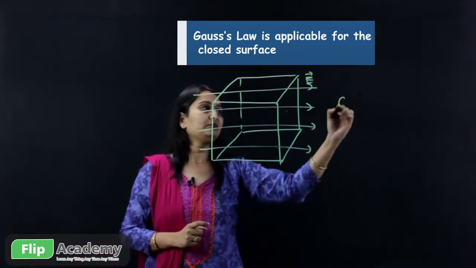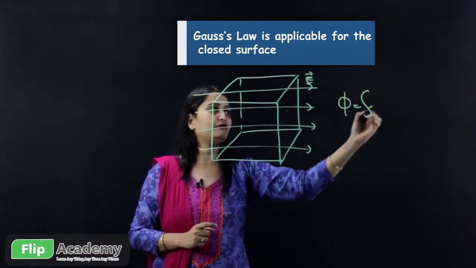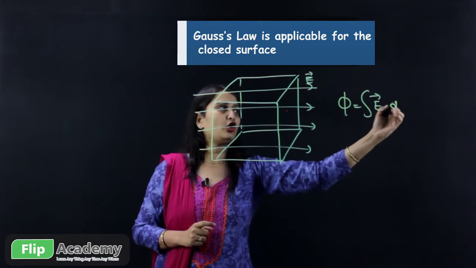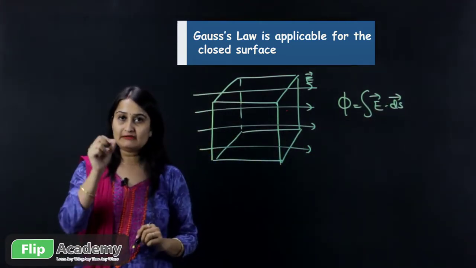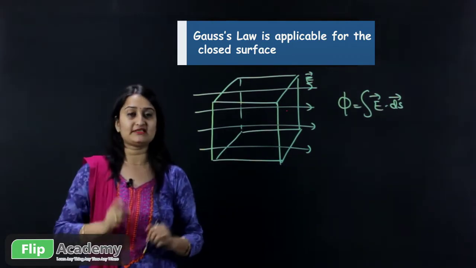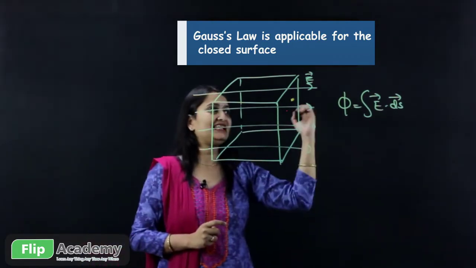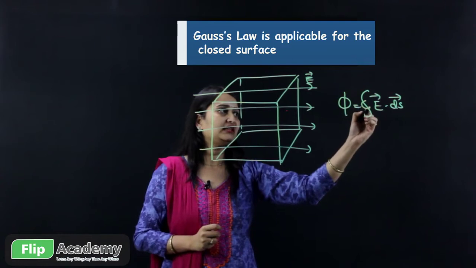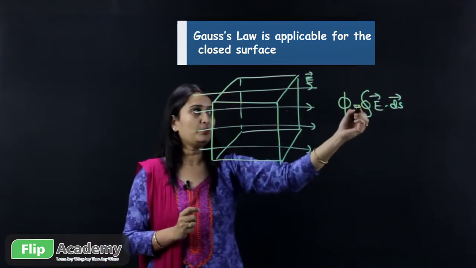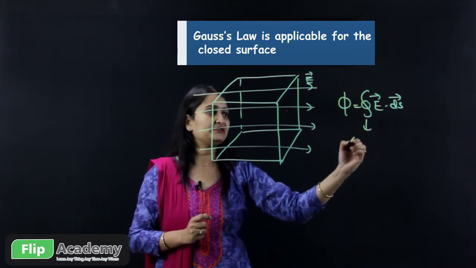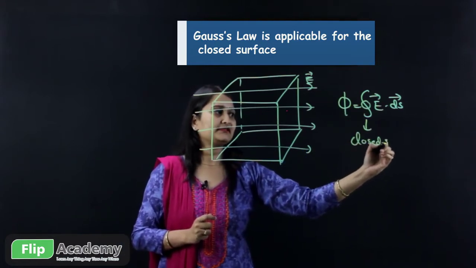In this condition, the flux is given by the formula integral E dot ds. This formula we have already studied about it. But if we talk of the closed surface, so in that condition this integration changed to this particular symbol. This symbol, that is a circle on top of the integration, it represents a closed surface.